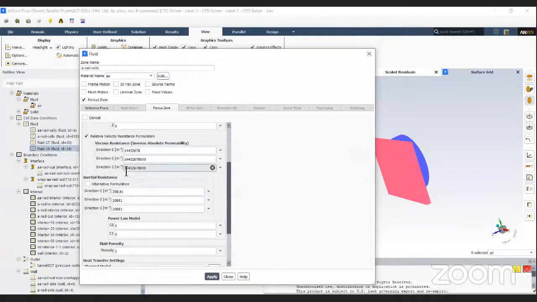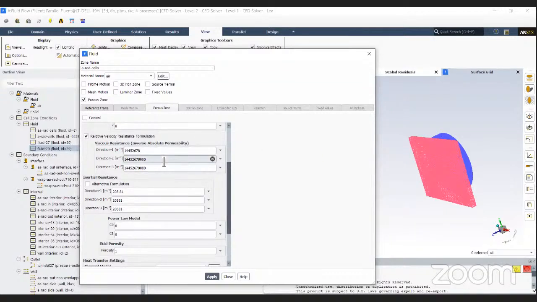Now, what am I specifying in direction 2 and 3? Keep in mind, I'm assuming that all the flow is moving in the minus Z direction. I am not really expecting any cross flow in the X and Y directions. So if you're not expecting any flow in the other directions, simply add a couple of zeros to make sure that the resistance in those directions is so high that the flow cannot travel in the X and Y direction.